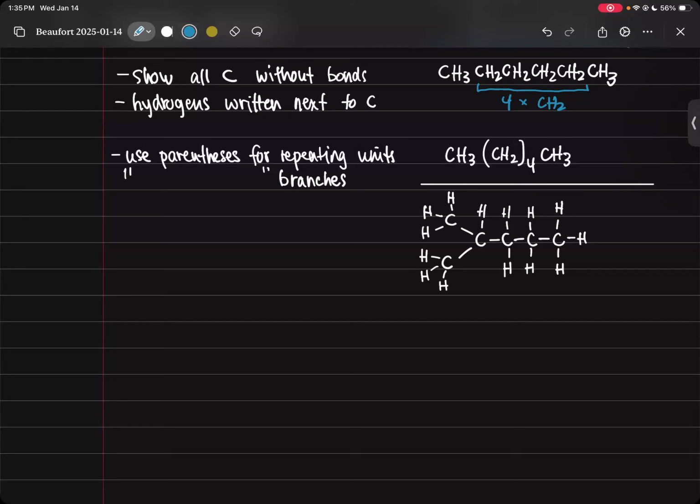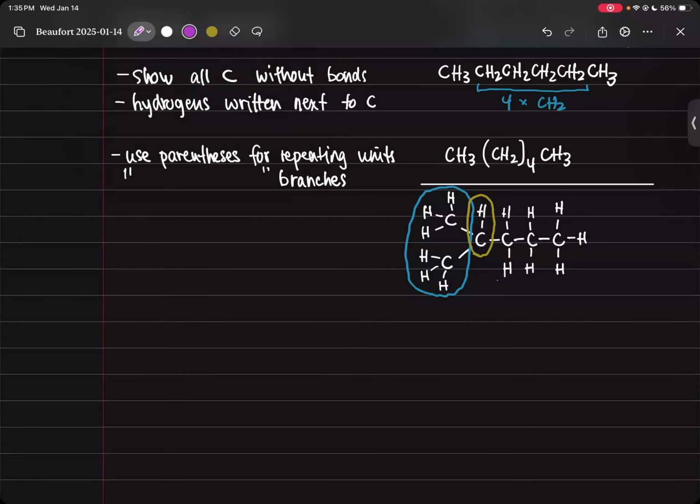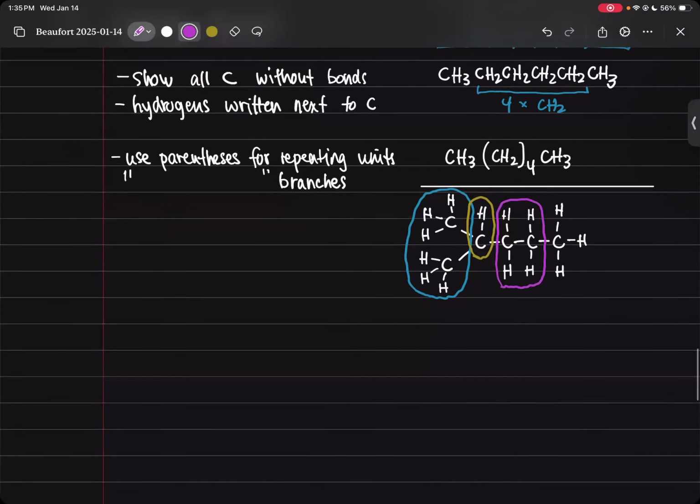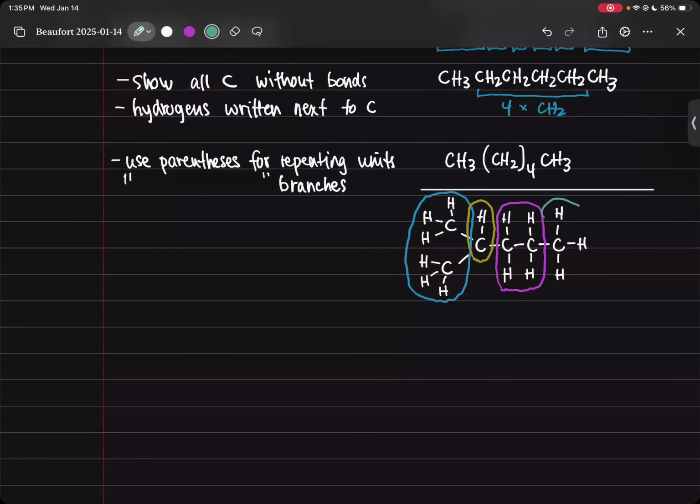I'm going to start color coding here. So we've got these 2 CH3 groups. We've got a CH just by itself. We've got two CH2 groups in the middle, and a CH3 group on the end.